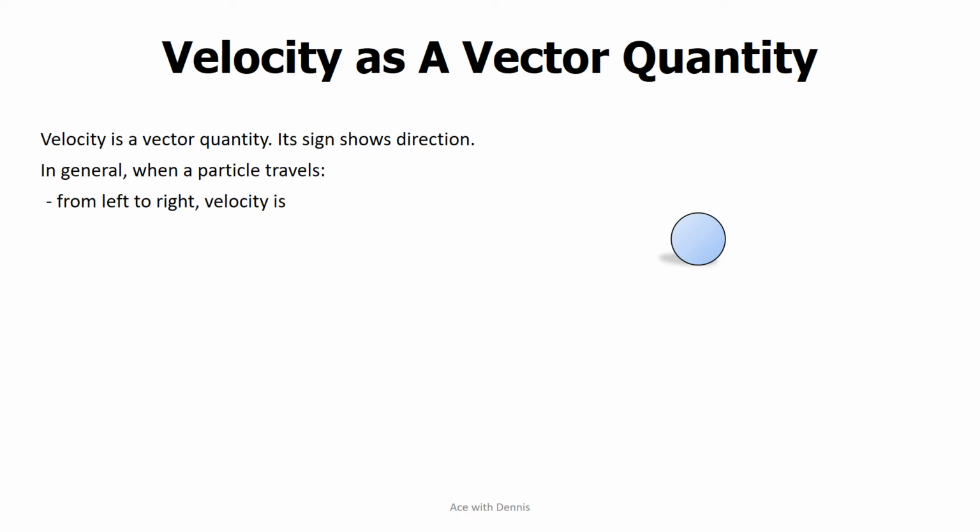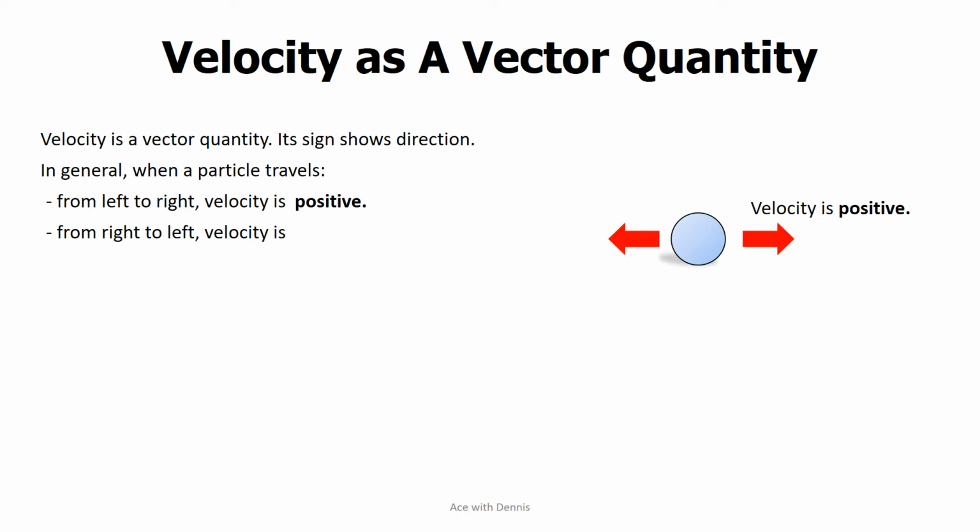If it moves from left to right, the velocity is positive. When it moves from right to left, then the velocity is negative.